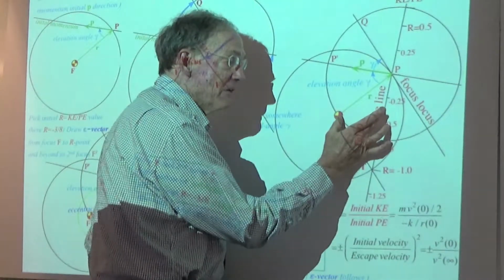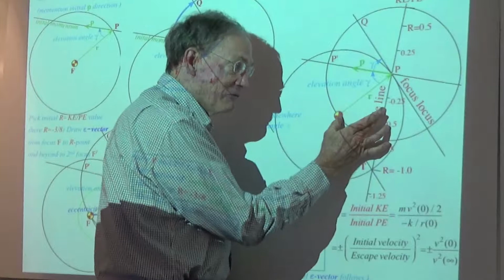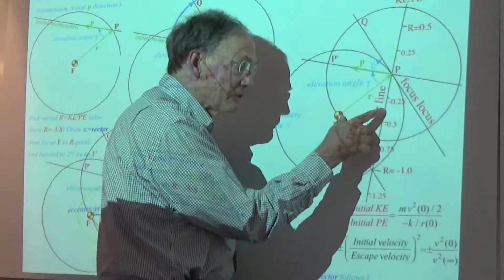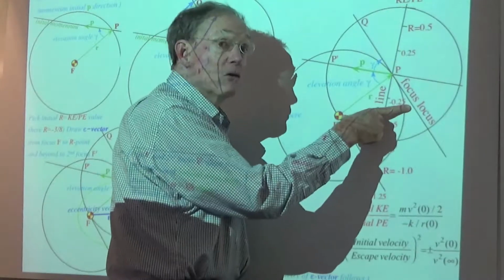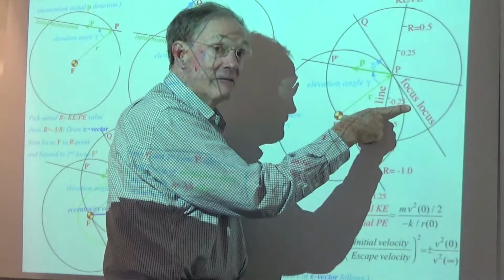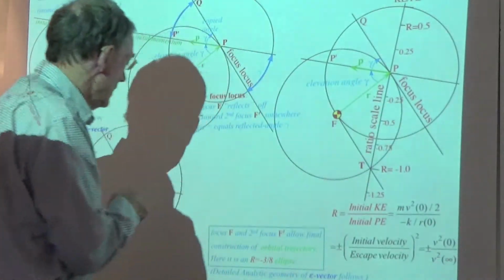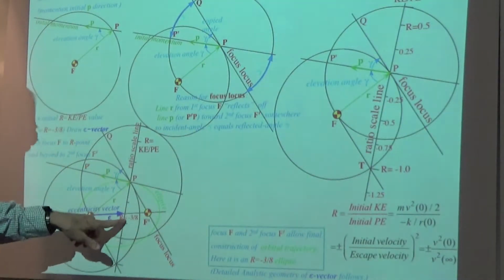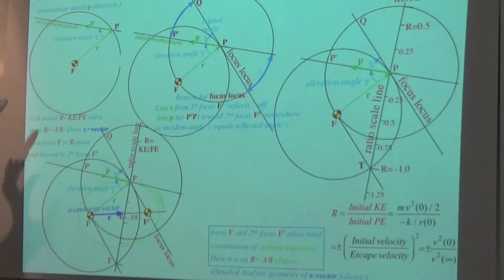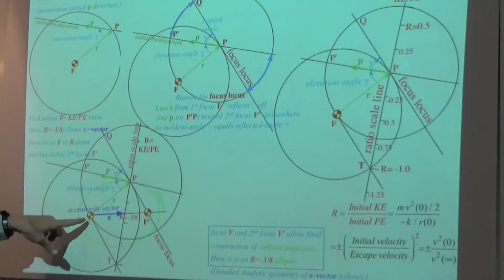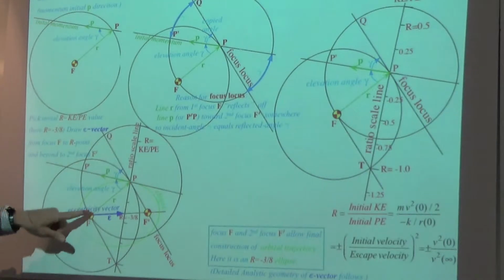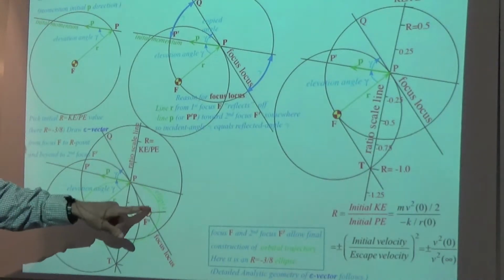That right there is your eccentricity vector, and the eccentricity vector points at the other focal point. So that's what's going on right here. I've picked -3/8 for the energy to give a particular magnitude of my initial velocity, and that is indicating where the other focus is.